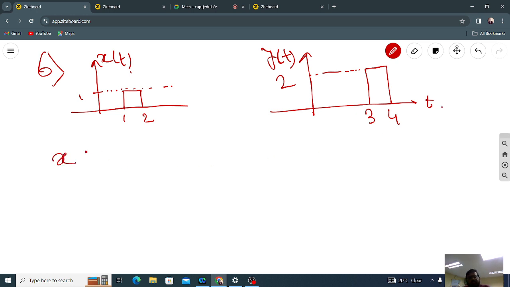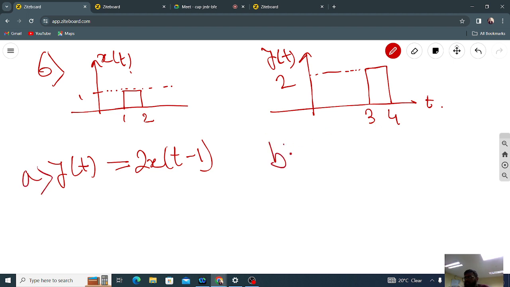So what is the relationship between x of t and y of t? I am giving 4 options. Just give it in terms of y of t. Option A: y of t equal to 2x of t minus 1. Option B is y of t is equal to 2x of t plus 2.